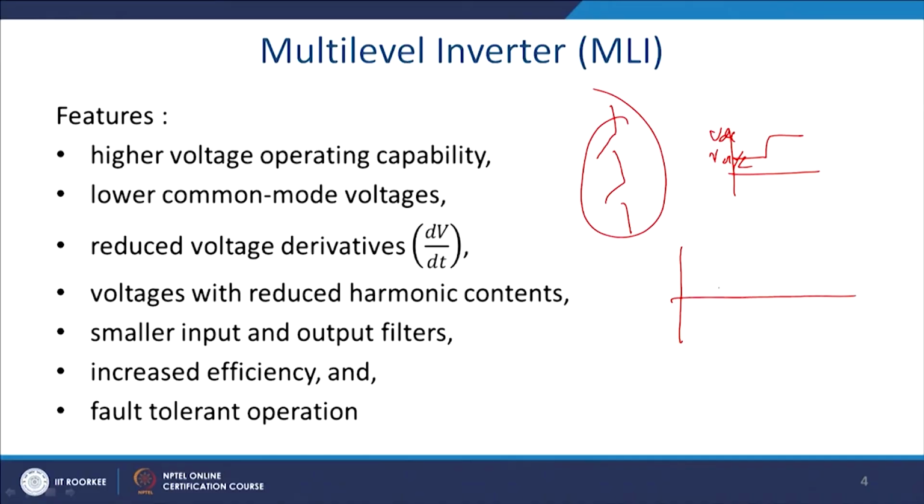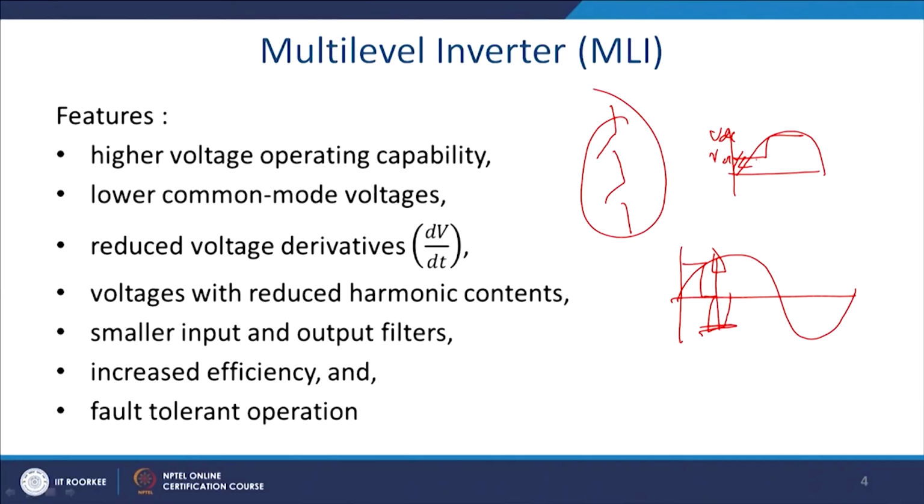Voltage with reduced harmonic content, as I told. Let us say we require to generate this voltage, and if it is PWM you generate this voltage or this voltage. When you apply this voltage you have a huge instantaneous error, and that is one of the sources of harmonics.